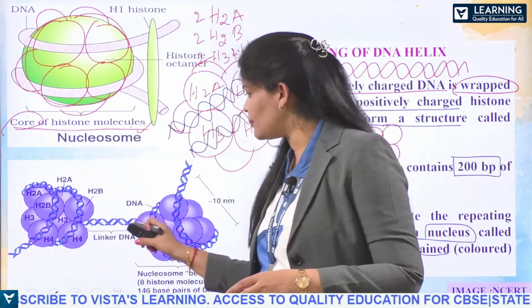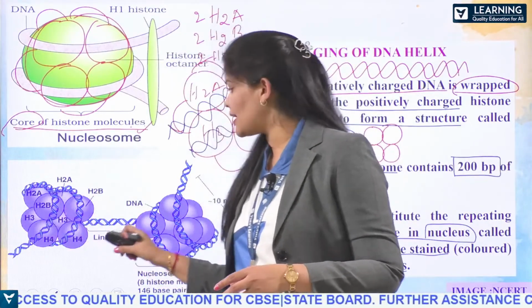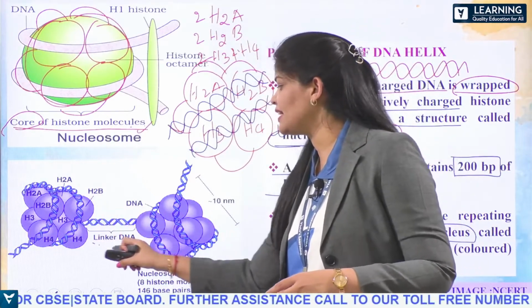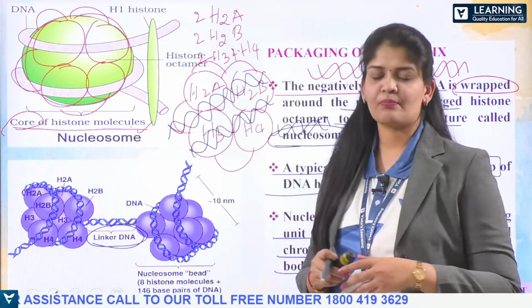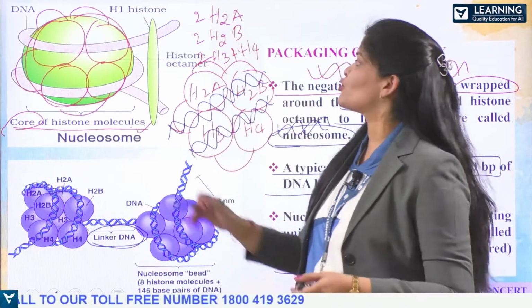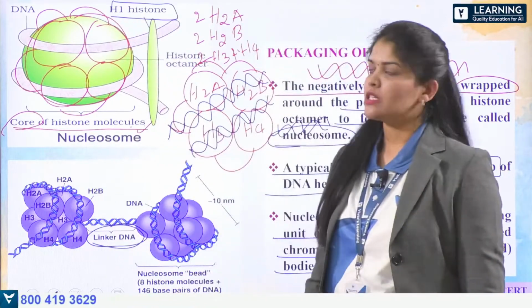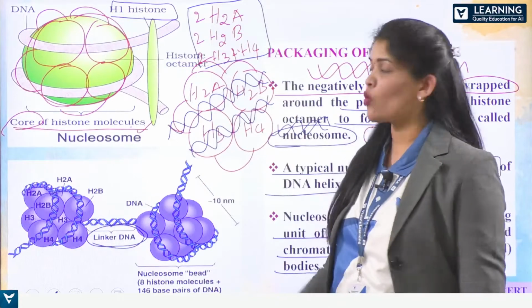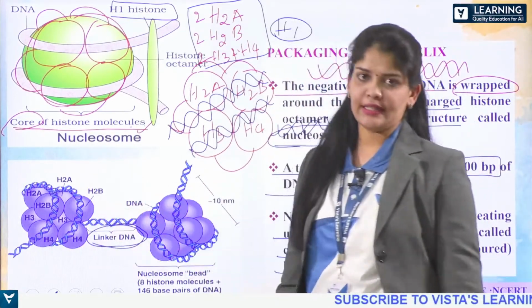The DNA which comes from one octamer and reaches another octamer, we call it linker DNA, in which we can find another histone protein, that is H1 histone. So not only this set of histone proteins, we also find the H1 histone protein in the linker DNA.